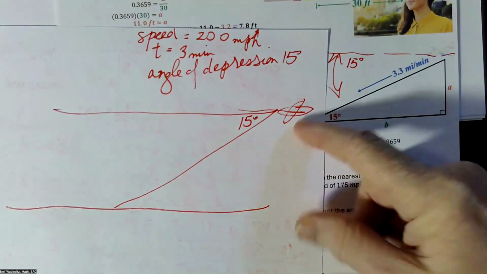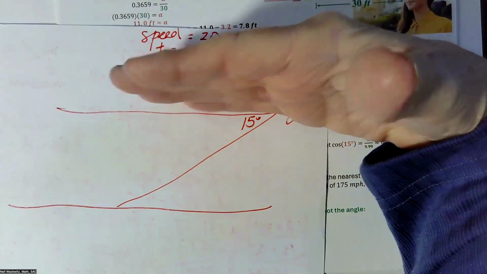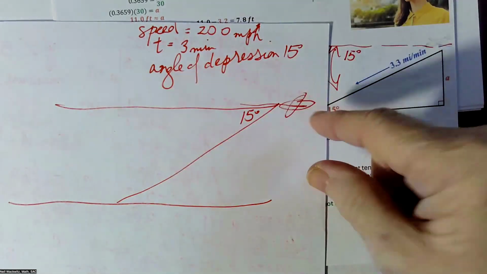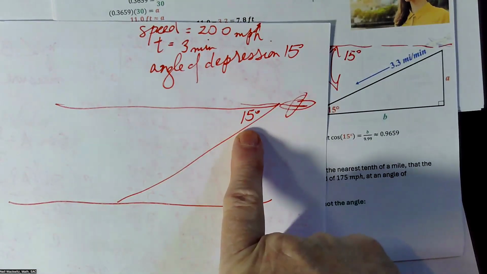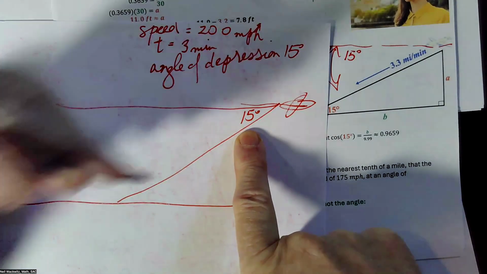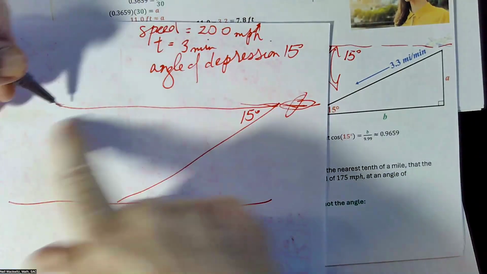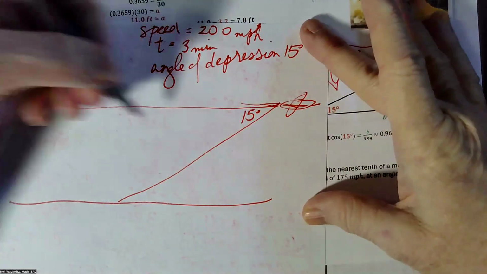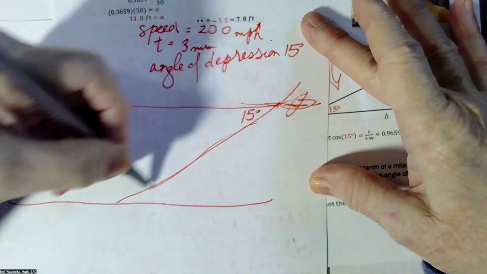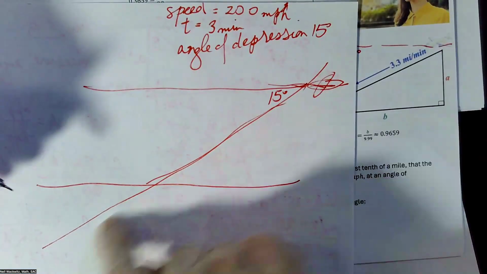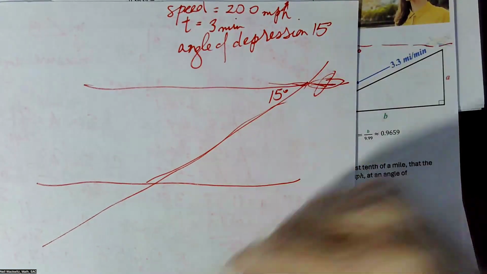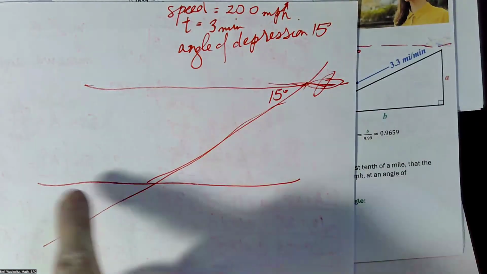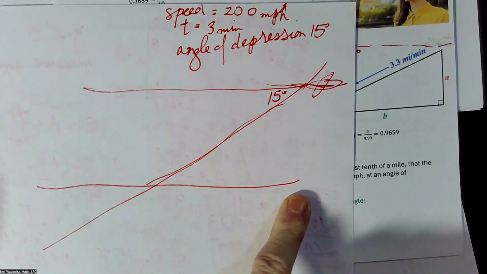There's the plane. It's going to reduce its angle by 15 degrees. So its angle of depression is 15 degrees with respect to the horizontal line that goes through it. I'm going to take this line that is the path of the plane and cut two horizontal lines.